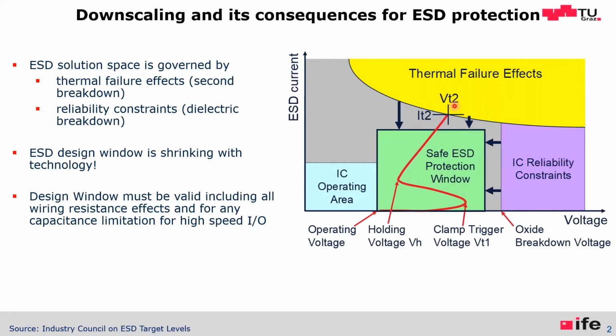If VT2 is reached, the voltage is too high, the current is too high, we get thermal damage. So we are limited by current. We're also limited by voltage, because if the voltage is too high, even for 1 nanosecond, charge carriers may be placed into the gate oxide, and the gate oxide gets damaged or destroyed.